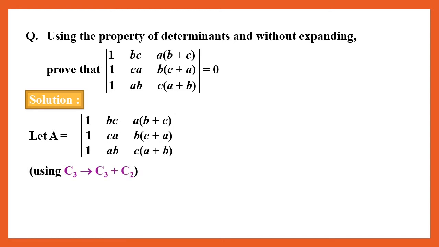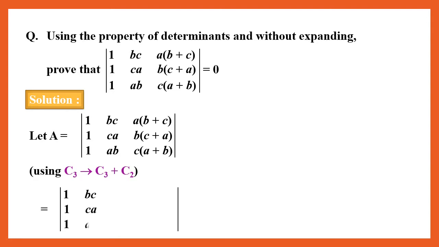We will apply the property C3 implies C3 plus C2. So before applying the property, you can just expand the elements of C3. That is A into B plus C, it will be AB plus AC, B into C plus A, it will be BC plus BA, and C into A plus B, it will be CA plus CB.